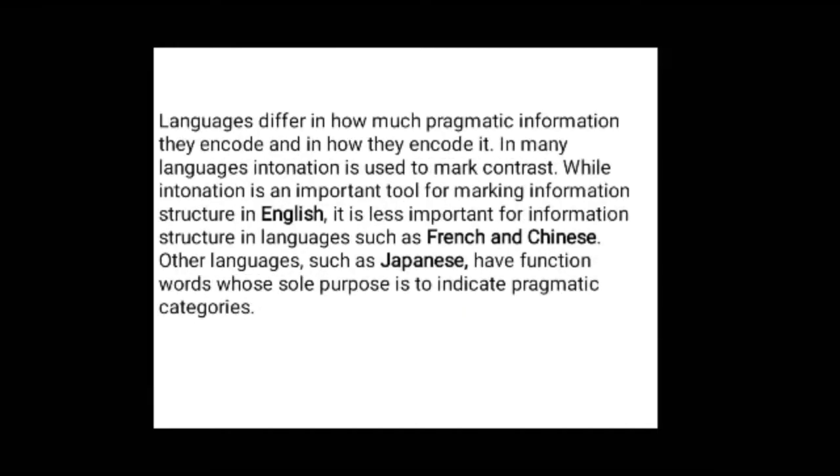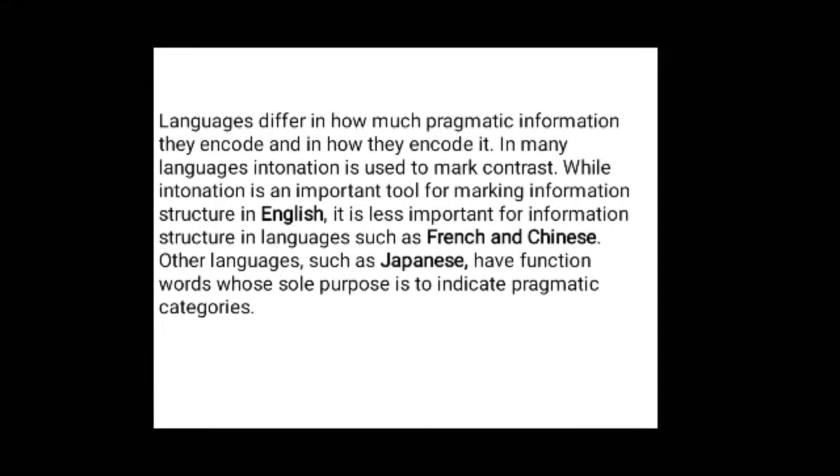Languages differ in how much pragmatic information they encode and in how they encode it. In many languages, intonation is used to mark contrast. While intonation is an important tool for marking information structure in English, it is less important in languages such as French and Chinese.